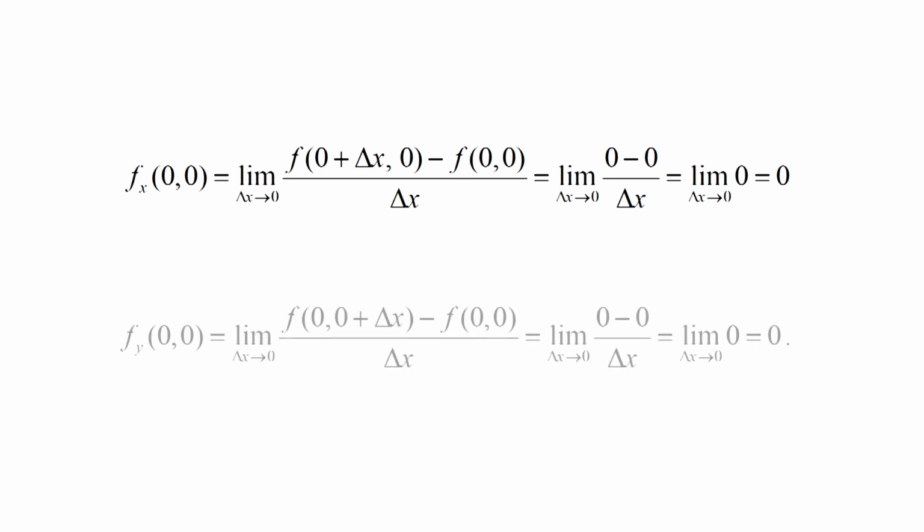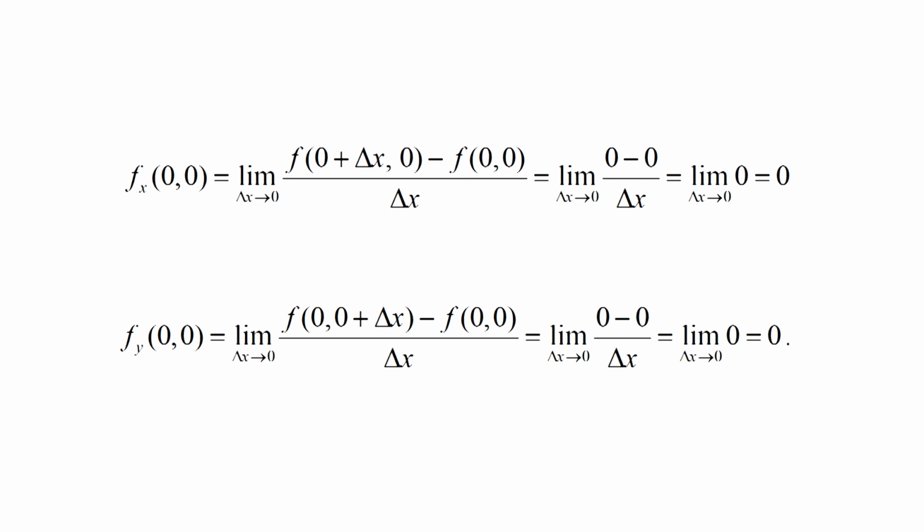And f_y(0, 0) is equal to the limit as Δy tends to 0 of [f(0, 0 + Δy) - f(0, 0)]/Δy, which is equal to the limit of (0 - 0)/Δy, which is equal to 0.